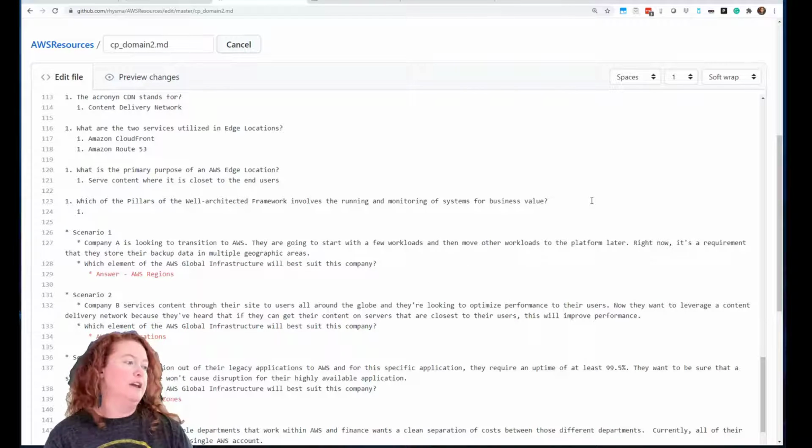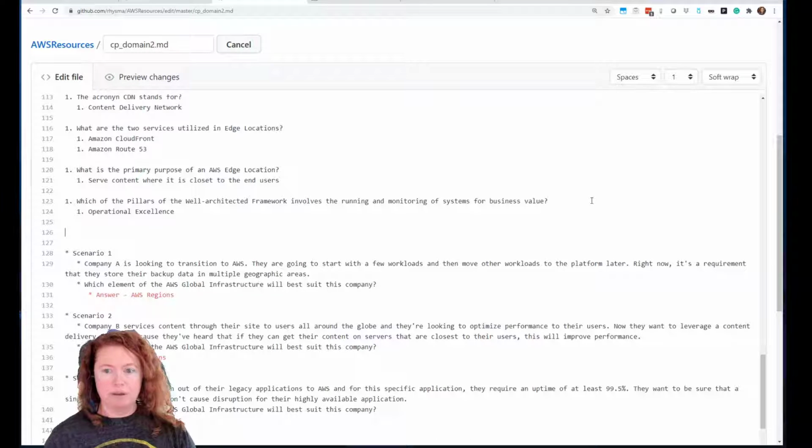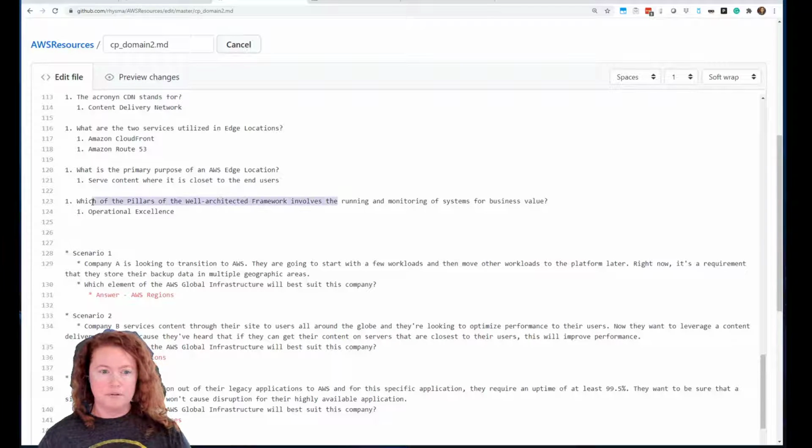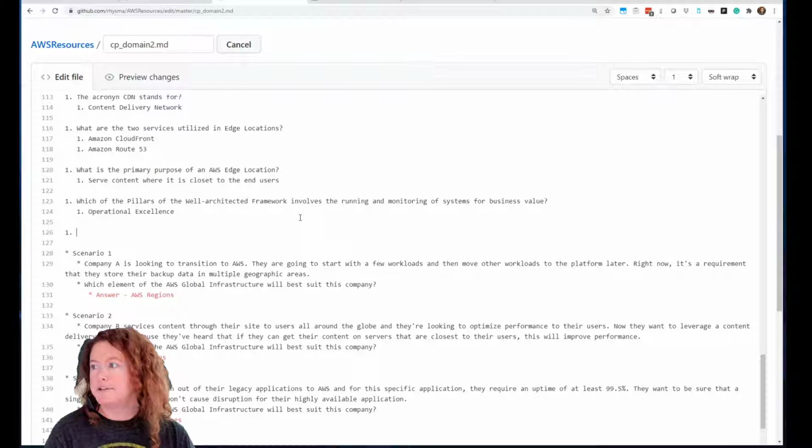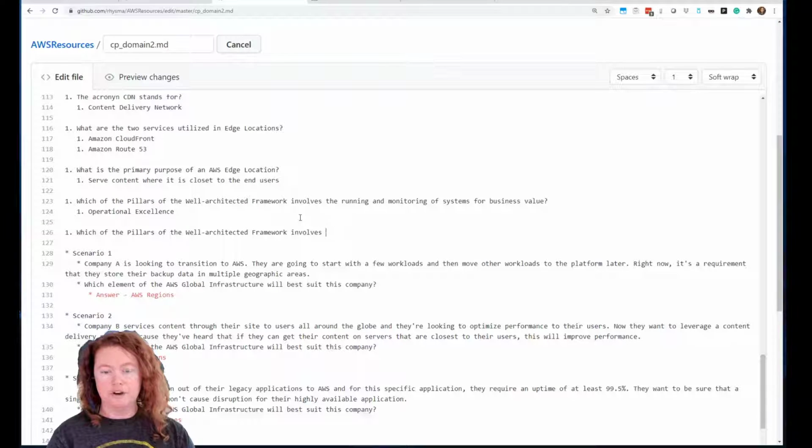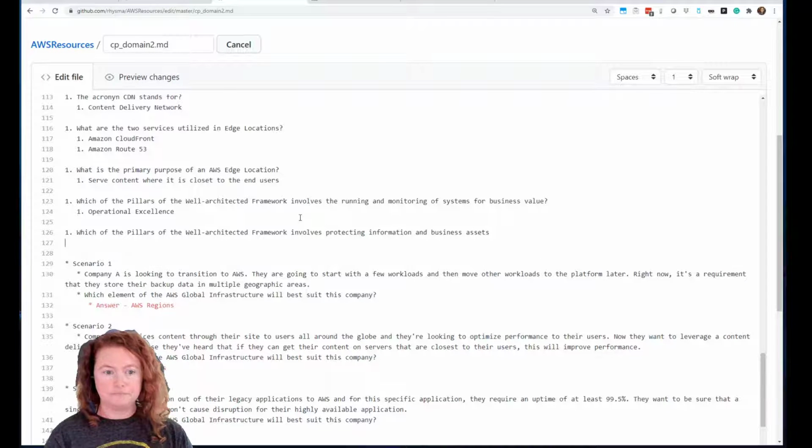And that would be operational excellence. I'm just going to grab the first part of this because we're going to reword all these into questions. The second one involves protecting information and business assets. And this is security.